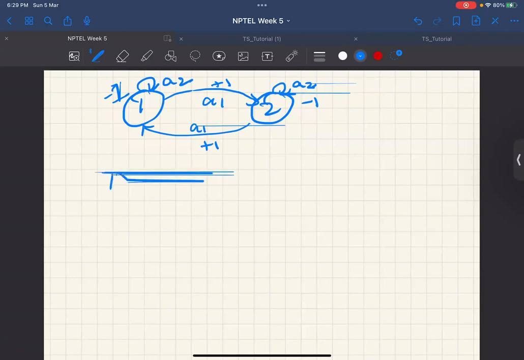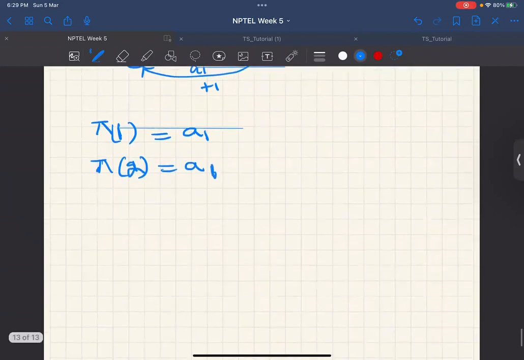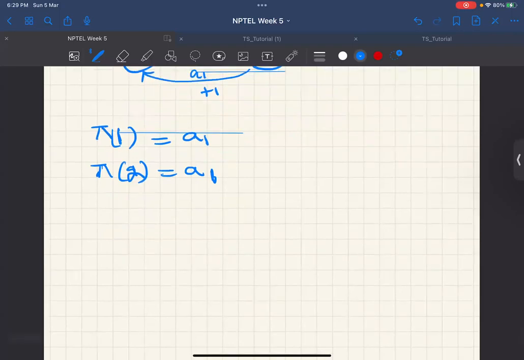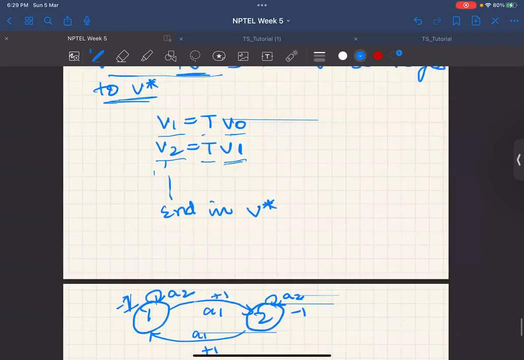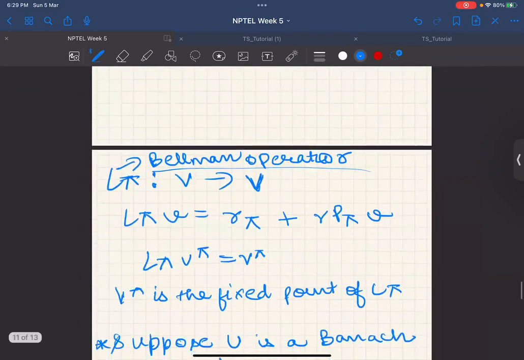Now if I talk about the policy, where I'm taking action 1 in state 1 and action 2 in state 2, the value is V pi equals R pi plus gamma P pi into V pi.